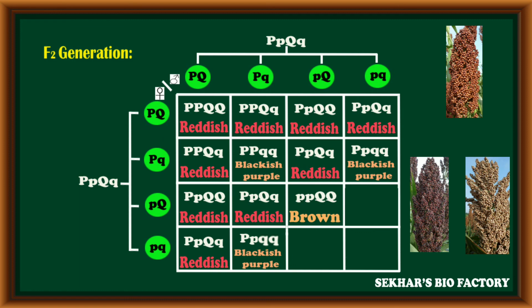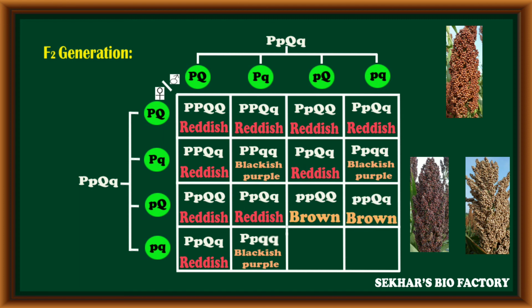The next combination: the P gene is present in homozygous recessive condition, so the Q gene never influences its trait. Because of the small p capital Q alleles, brown color trait will be expressed.